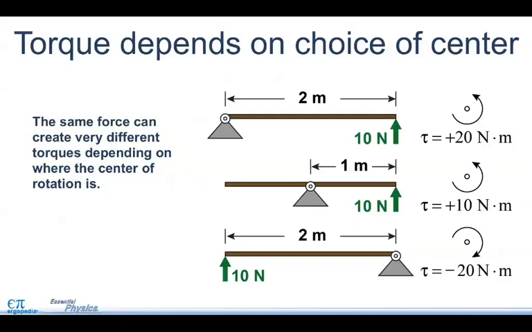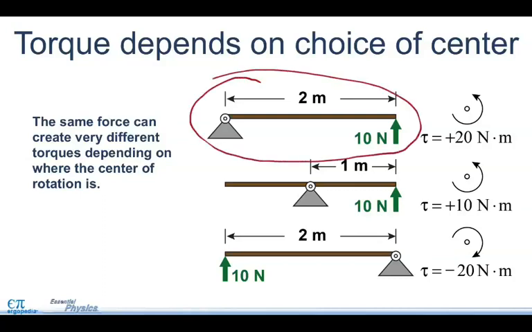In the first one, the 10 Newton force is applied upward at the right-hand side. So I'm going to draw this one. In this first one, the 10 newtons is over here. The pivot point is over here.